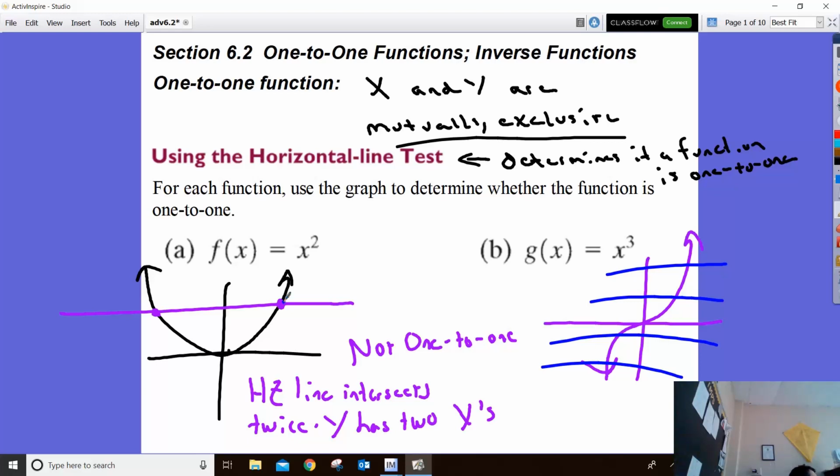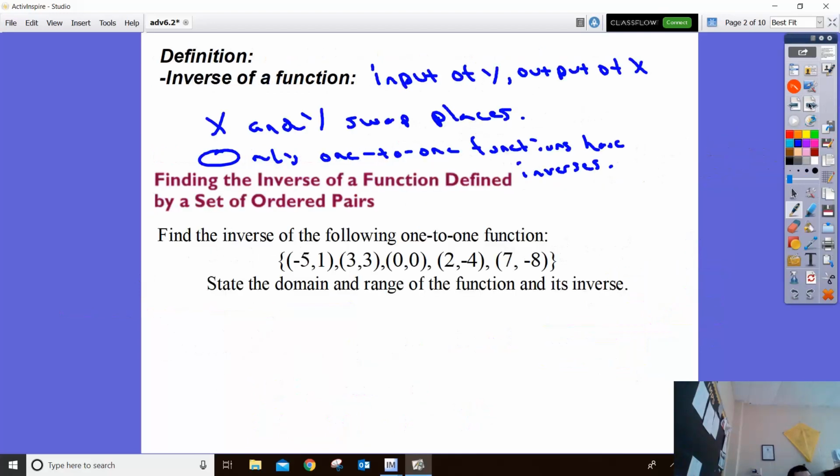Probably the positive one. I can't understand you with the mask. Probably the positive one in that case. Well, maybe. Depends on how the function's written. Yes, if it is one-to-one, you know exactly which x value it's going to spit back.